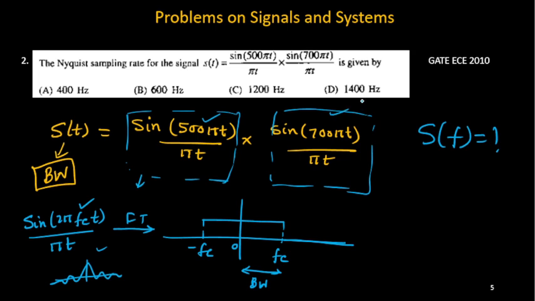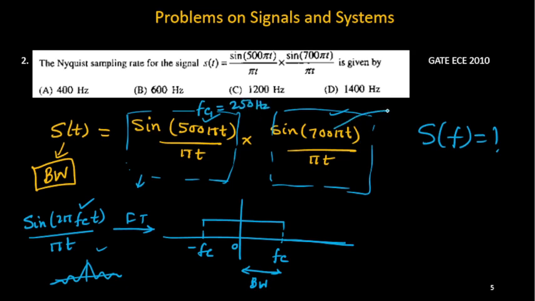So in SF, we'll take the convolution of these two, right? What is the fc for this one? fc1 I will call it. Same thing, I'll divide by 2 pi, 500 pi by 2 pi, it will be 250 Hertz.